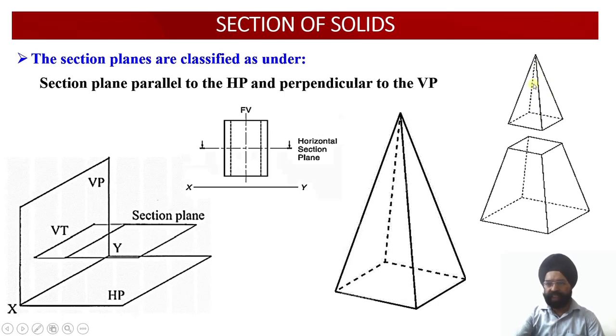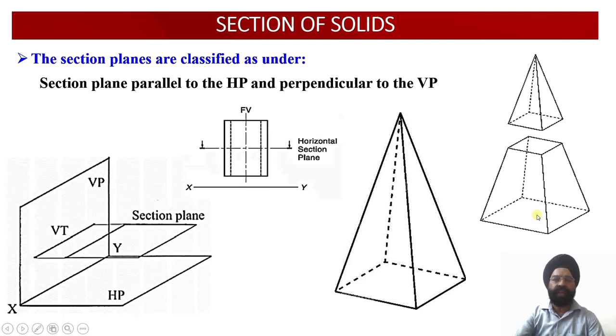And when we look at the surface from the top, the true shape of this cut section will be available with us in the top view onto the horizontal plane. So therefore in such cases the true shape is straight away available in the top view, and the sectioned top view which is obtained on the horizontal plane will provide us with the true shape of the cut section.